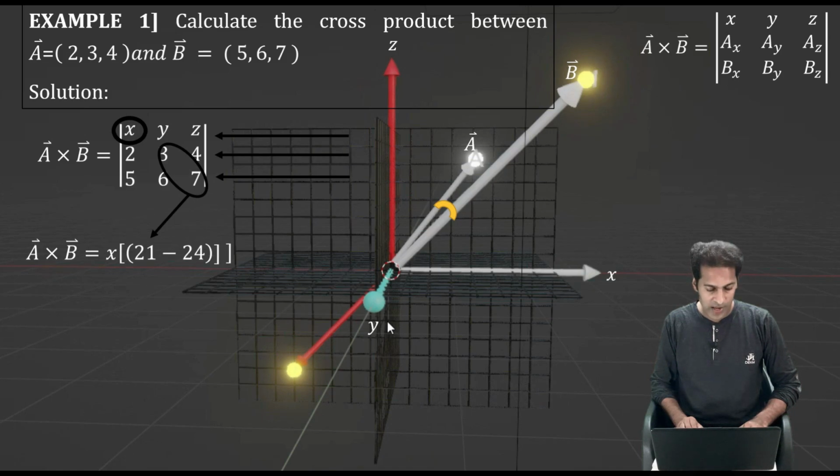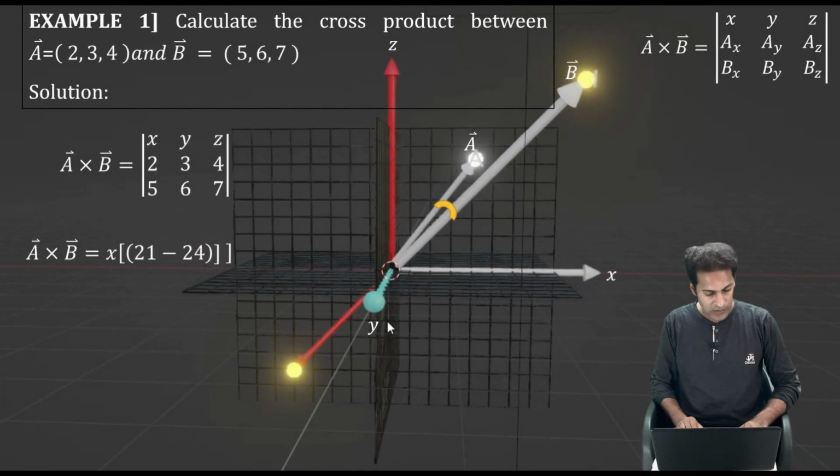Similarly, we subtract the components in the other parallel cross product, which are 6 into 4. It gives 24. We have to subtract these values. In the next step, we will consider the values for y, but this should be subtracted from the x component values.